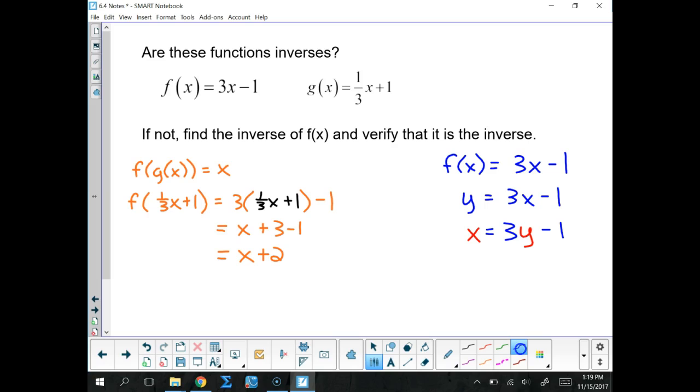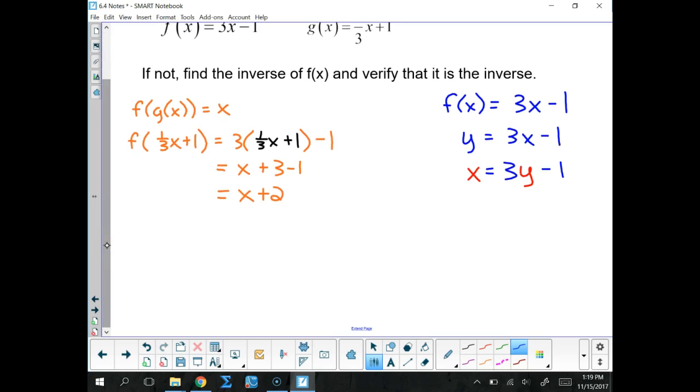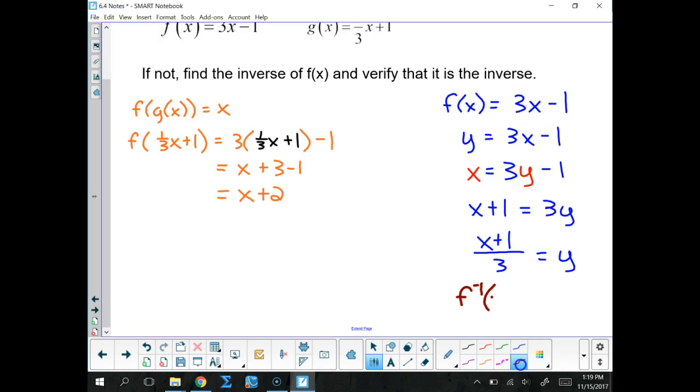Then we solve for y. And lastly, we change the y into inverse notation.